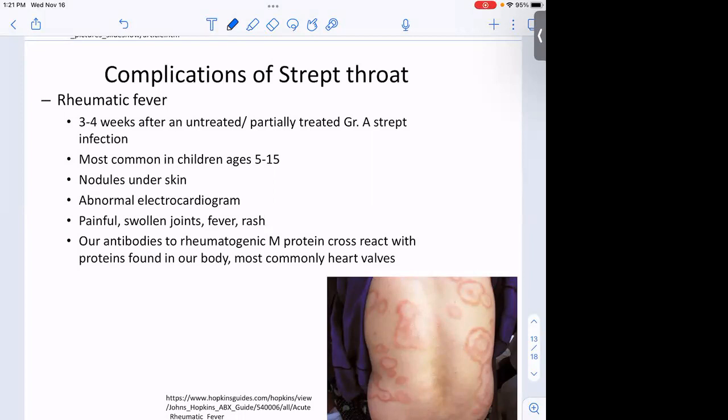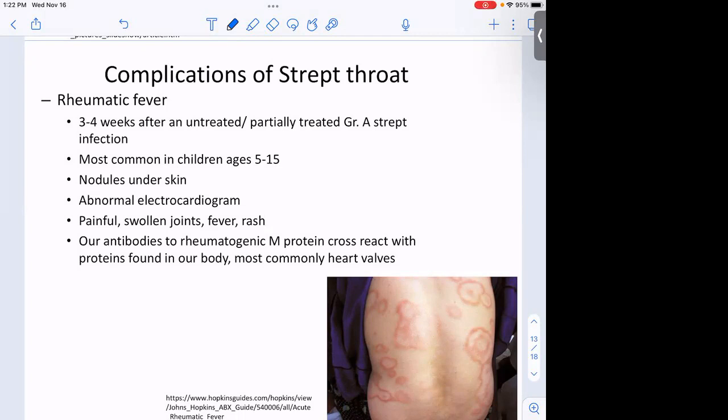All right, so we talked about how Strep pyogenes has that M protein on the surface. It's a feature so that it is less likely to get phagocytized, an anti-phagocytic factor. There's a couple different varieties of that M protein.